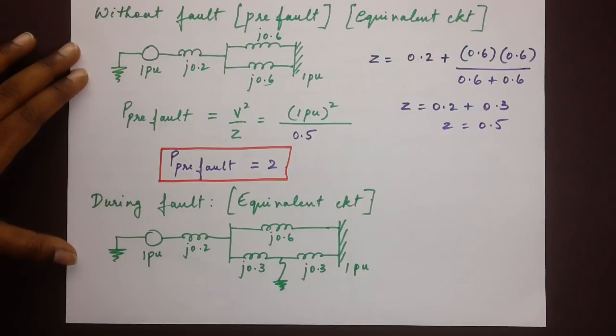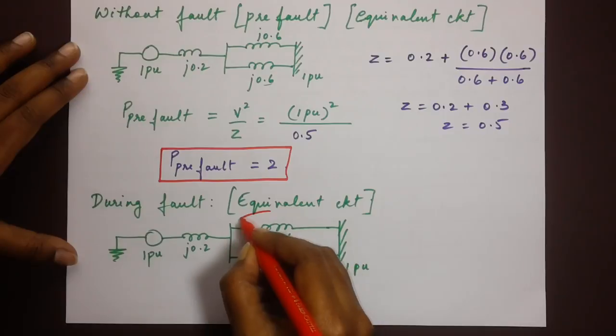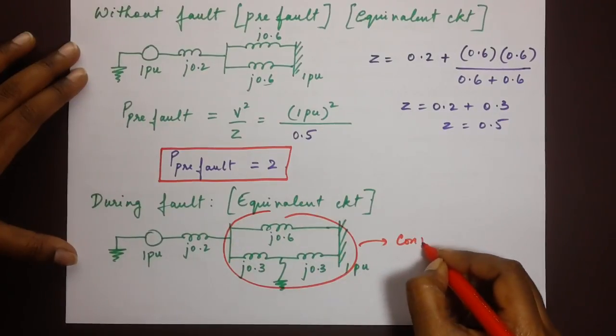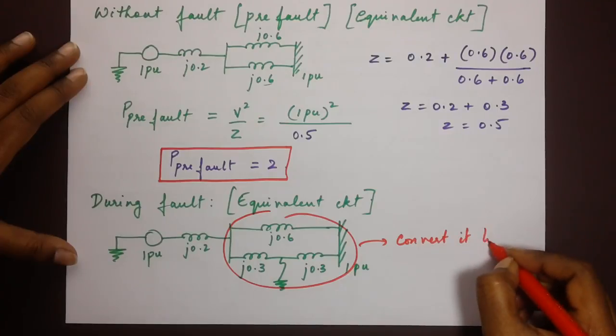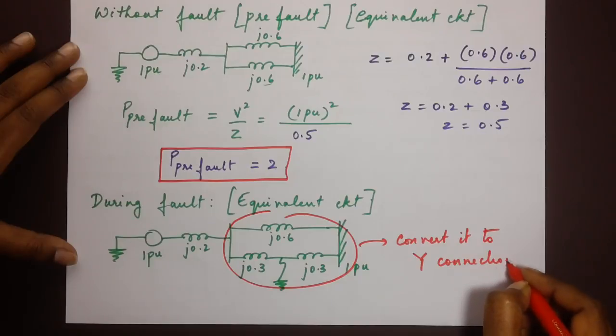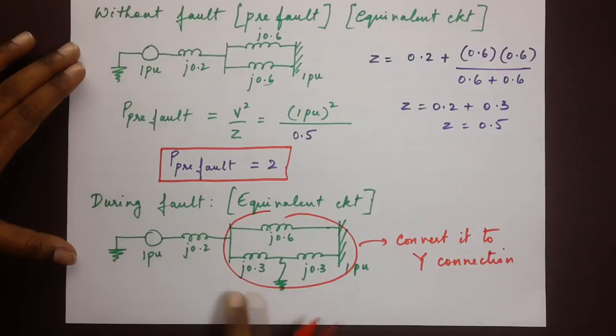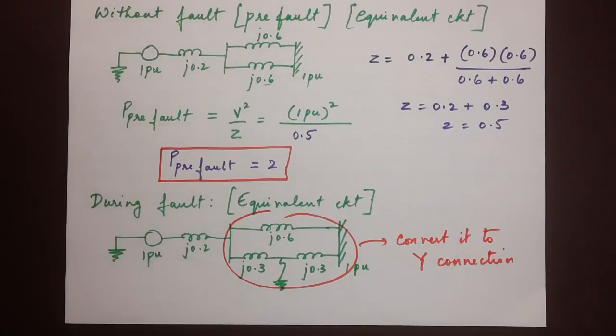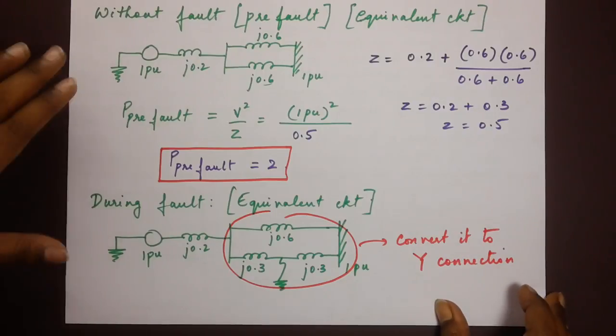The first thing is to evaluate this portion here and convert it to star connection. So we are trying to resolve this entire thing as much as possible. In order to do that, you will have to recall the basic formulas of conversion of delta to star and then star to delta. I'll put it down here.